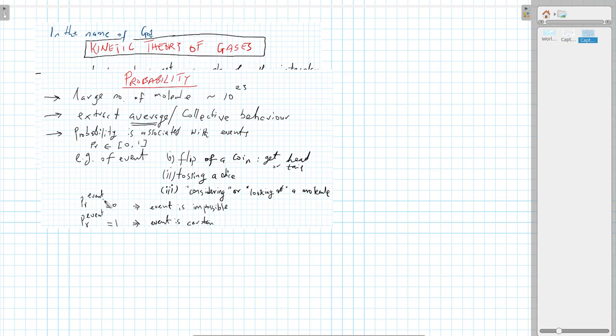And I'm going to continue from there today with the following examples to build on what we have talked about in the last lecture concerning probabilities. So I'm going to put a new page here.